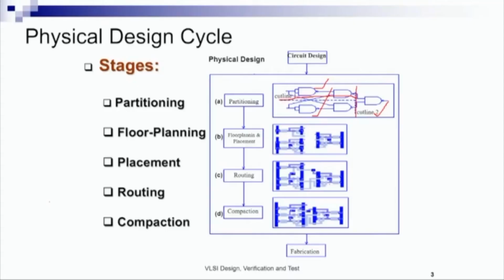So the physical design process is very complicated because the circuit diagram from which we have to obtain the final geometric layout can be very huge, consisting of millions of transistors interconnected in very complex ways.